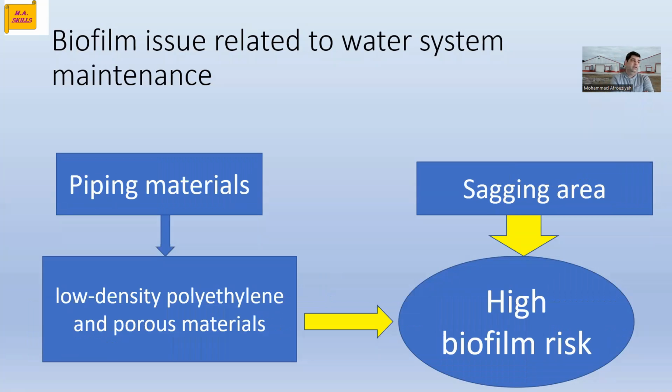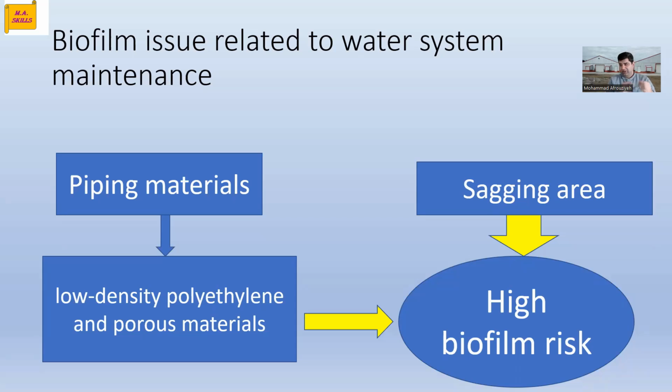The other thing about observational tests is to really look at the piping materials. Because if you are using low density polyethylene materials in your piping system, they are quite porous.